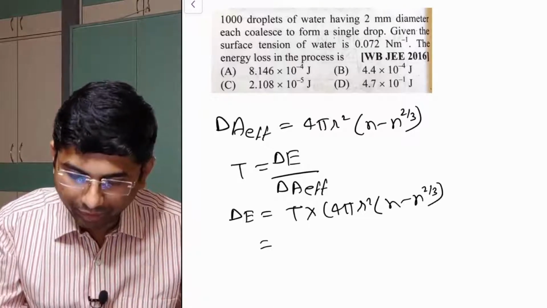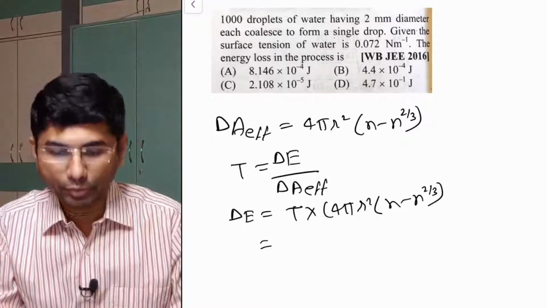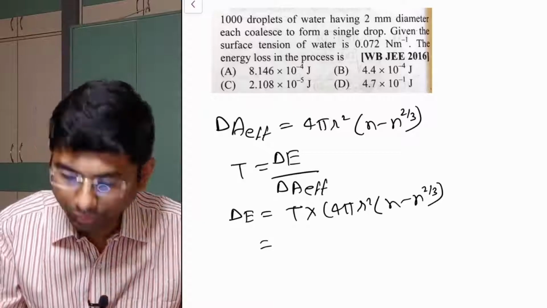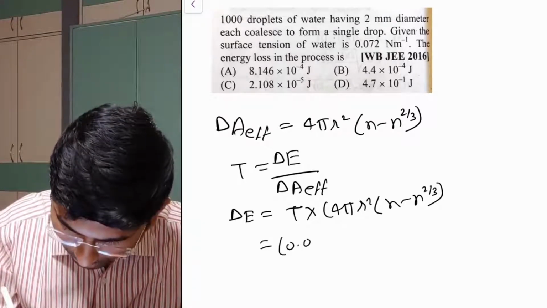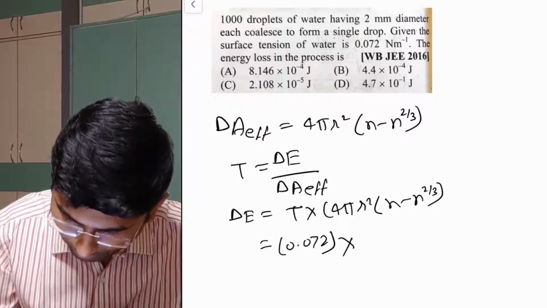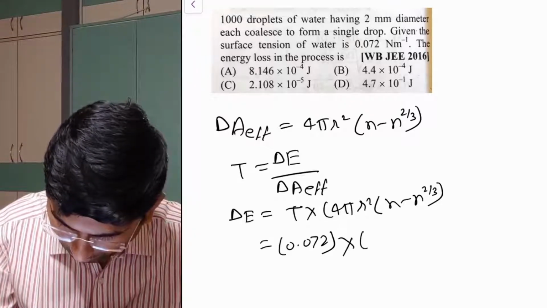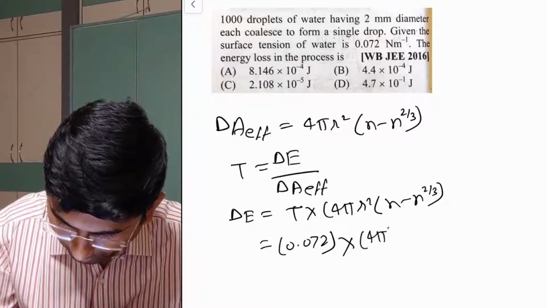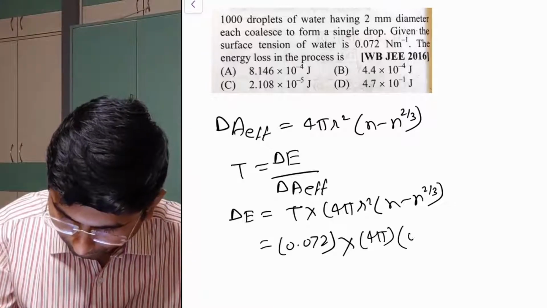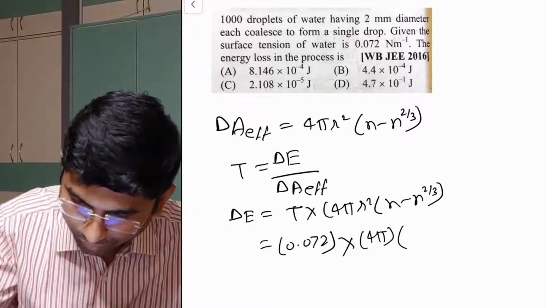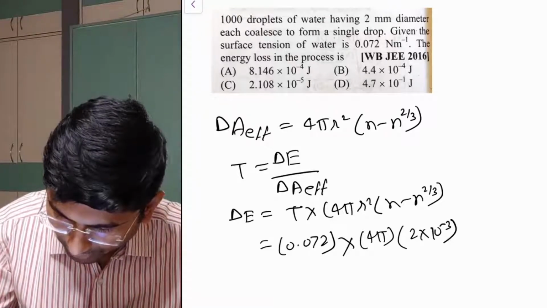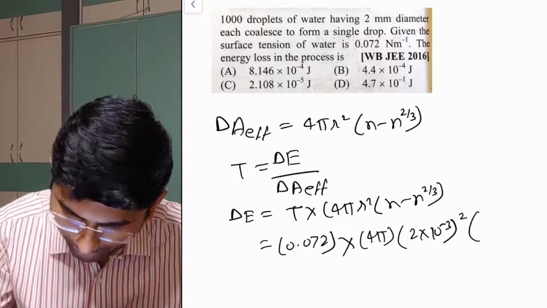Now I have been given the radius. Radius is given in terms of millimeter. I need to convert it into meters. Tension given to us is 0.072 into 4 pi, r will be 0.02, or it can be written as 2 into 10 to the power minus 3, whole square.